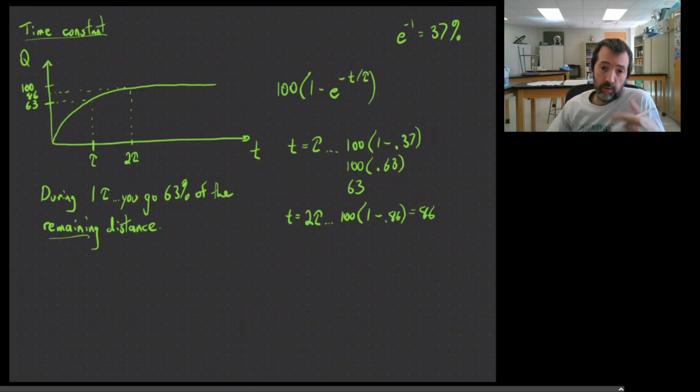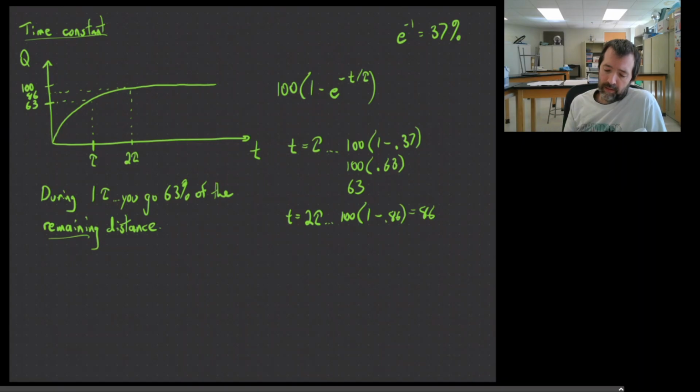Between tau and 2 tau, I only went 17, I said. But that 17 is 63% of what I had left. What I had left was 37. And I went 63% of that 37, which was 17. So you always need to think about how much further there is to go from the beginning of the time interval that you're looking at.